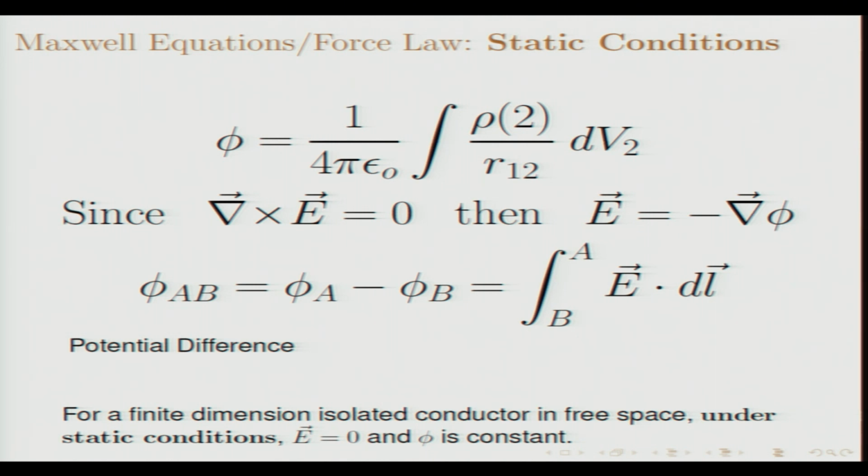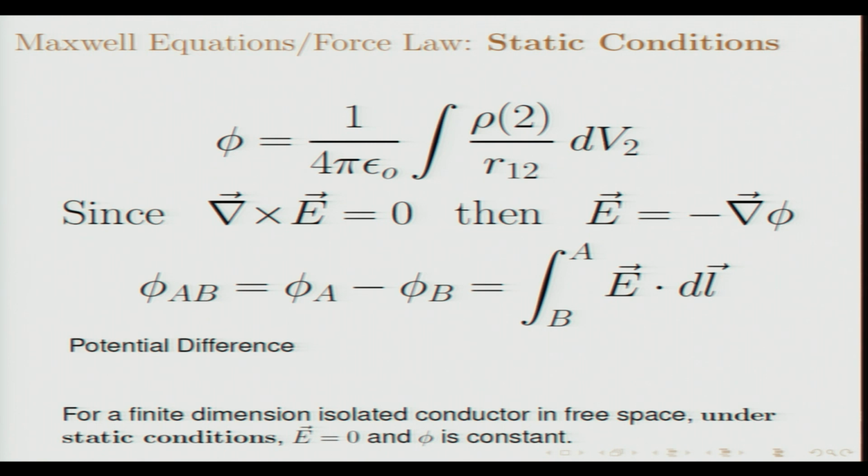That is an interesting thing which occurs under static conditions: the integral of E dot dl from A to B is not path dependent. That is an important aspect which you should remember.